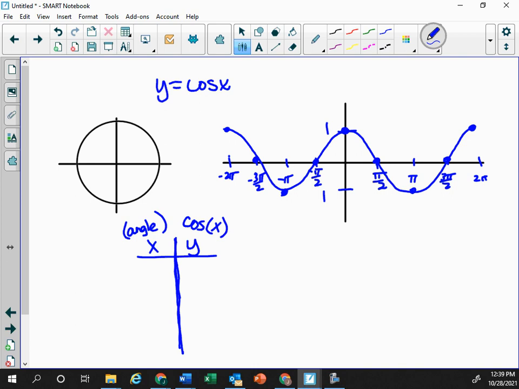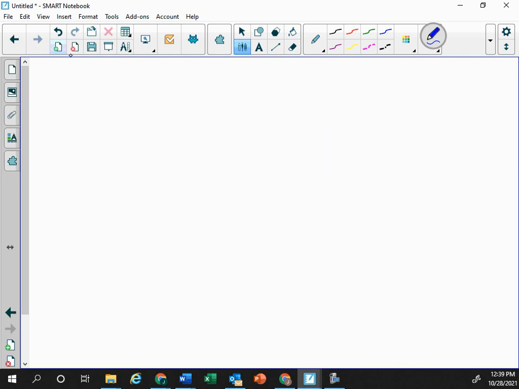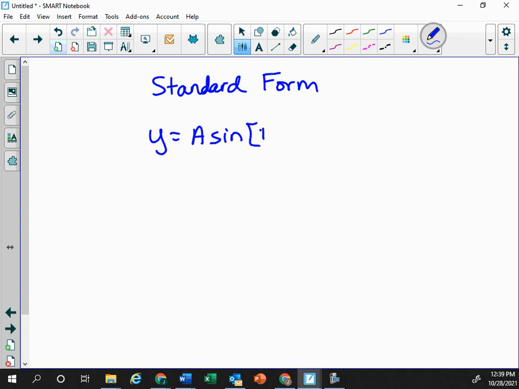All right, so you've got your two parent functions. Let's now talk about all of our transformations. So standard form for a trig graph: y equals a sine of b times (x minus c) plus d, okay?